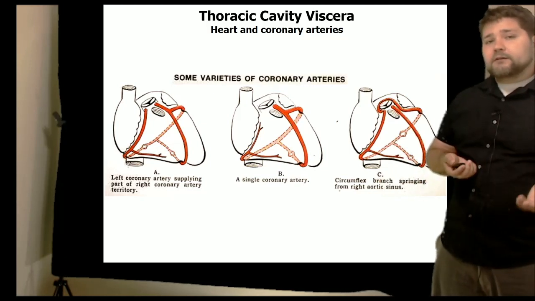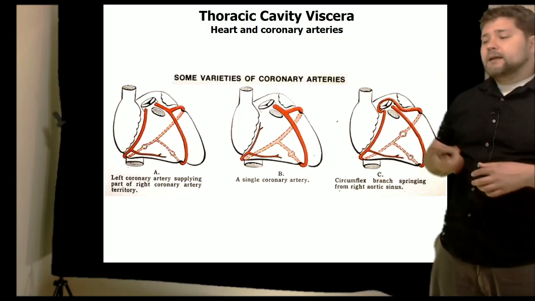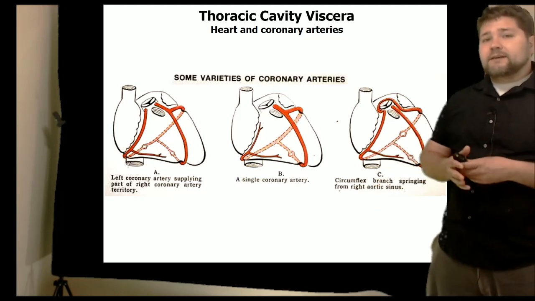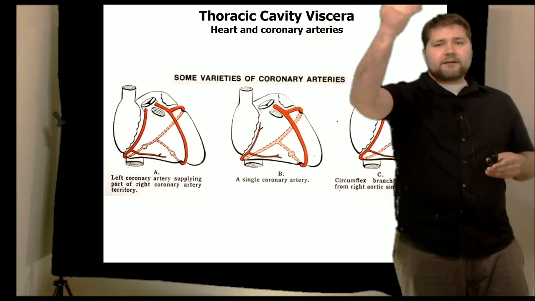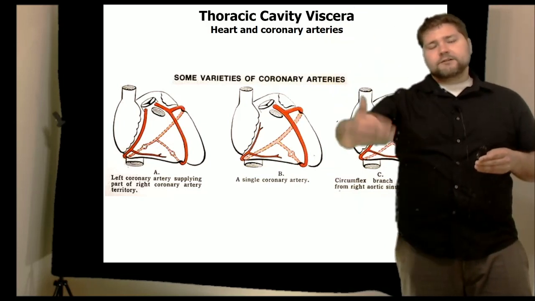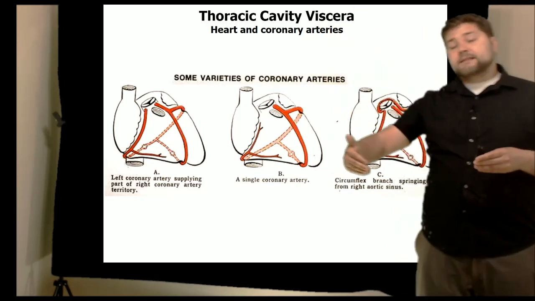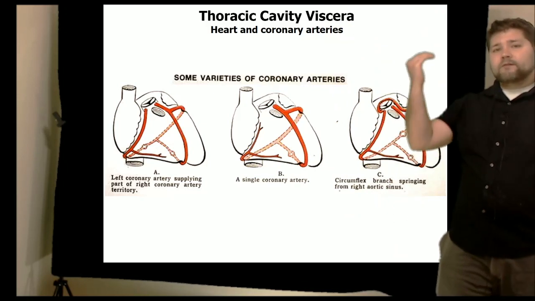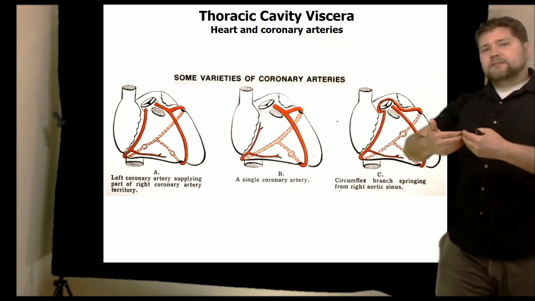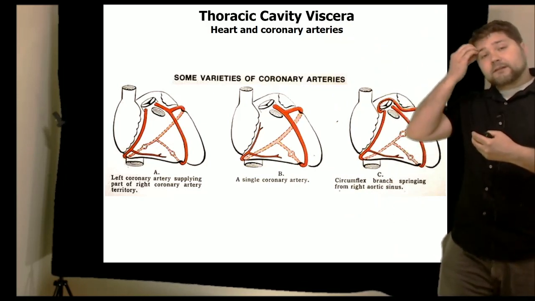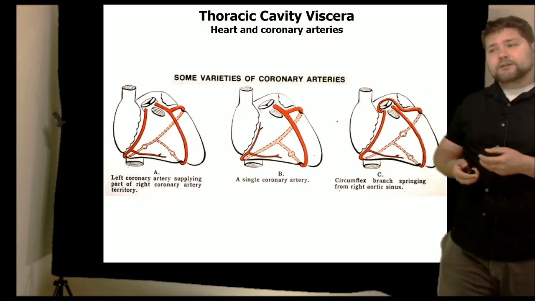Typically it's the right artery, so you call hearts right dominant. Sometimes it's the left, so it's a left dominant heart if that circumflex goes down and supplies that posterior interventricular groove. And then sometimes it can be codominant, so both of them come around and your right and left equally provide that circulation to that posterior interventricular groove.